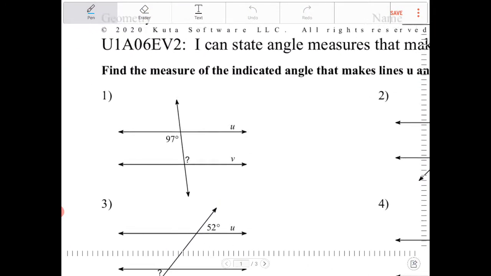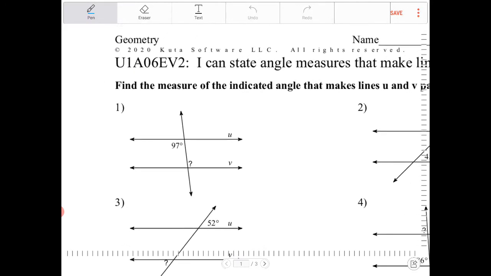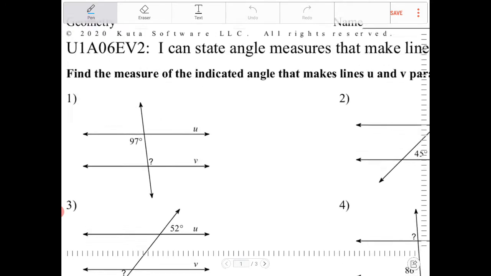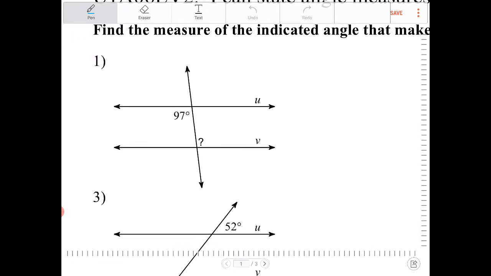Question number 1, the instruction says to find the measure of the indicated angle that makes lines U and V parallel. So we're trying to come up with an angle so that the 2 lines that we see there will indeed be parallel. These 2 angles appear to be alternate interior, and alternate interior angles should be the same.